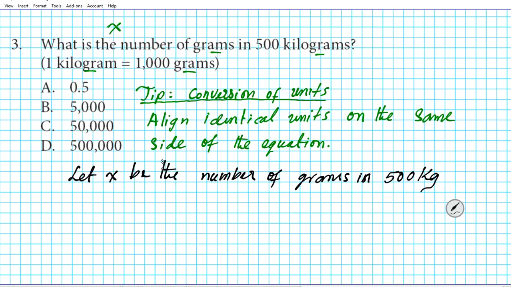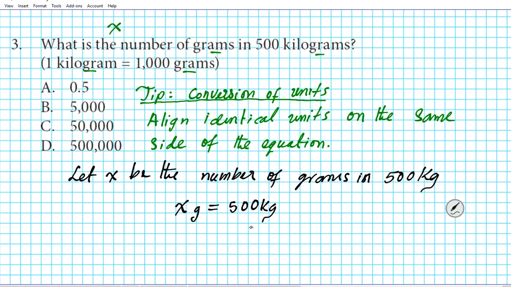Whenever you want to set up an equation involving an unknown, and it also involves conversion, it's beneficial to start from the unknown variable. So we're looking for x. So x grams is equal to 500 kilograms.